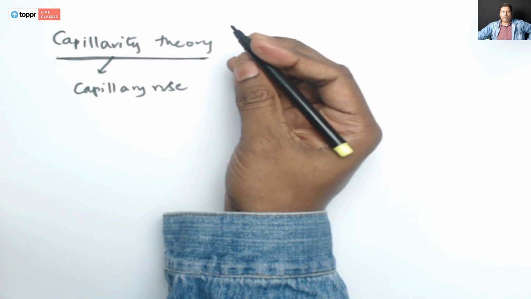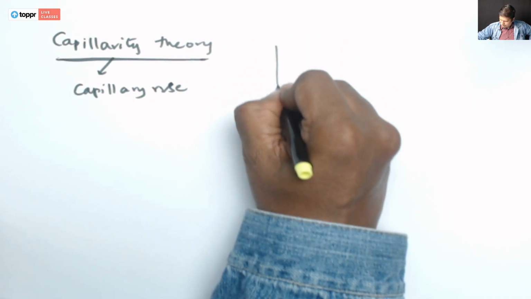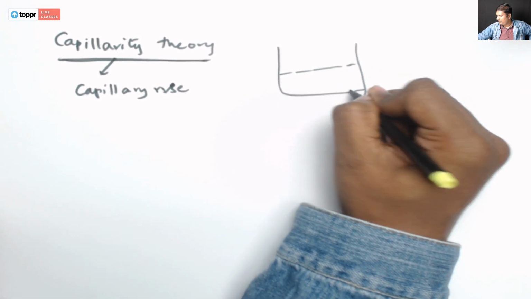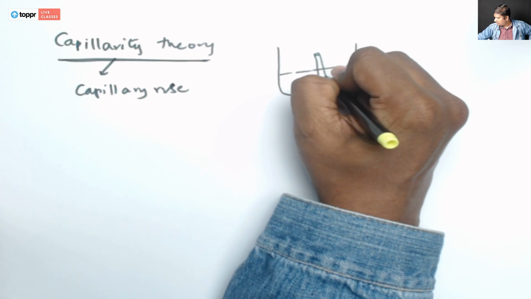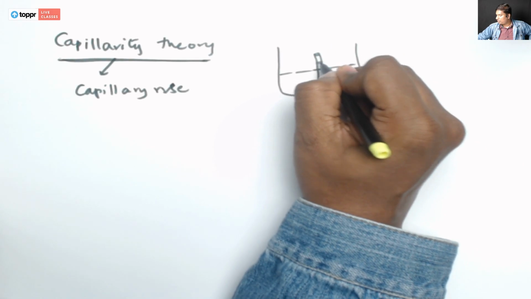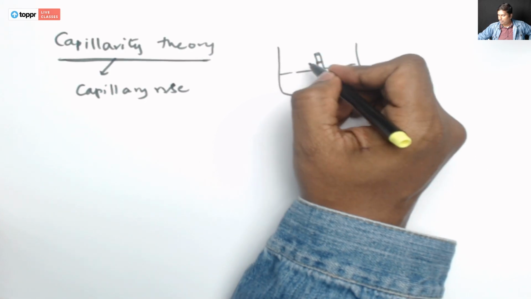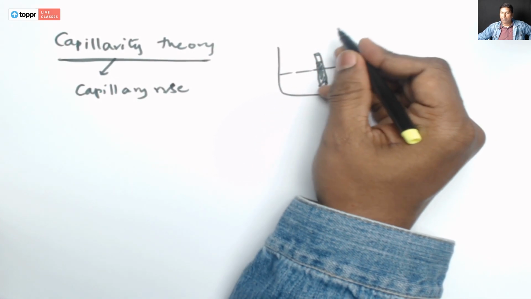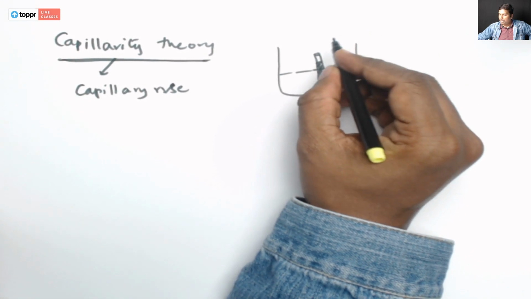If you take a beaker, let's say the water level is till this point in that beaker, and if you introduce a capillary tube into this, you will see the water level inside the capillary tube slightly above the level of the water inside the beaker. Now why is this happening?